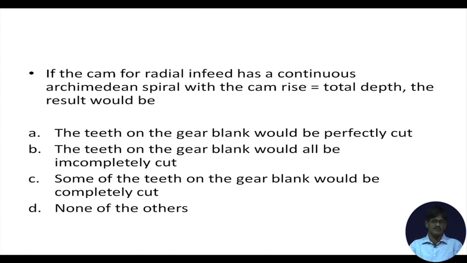That means the total depth for all the teeth. For all the teeth, the cam remains at a particular position. There is no further radial infeed. Total depth has been achieved, and it simply goes on cutting, so that each and every tooth has the correct depth. Therefore, option B is correct, and naturally none of the others is not applicable.